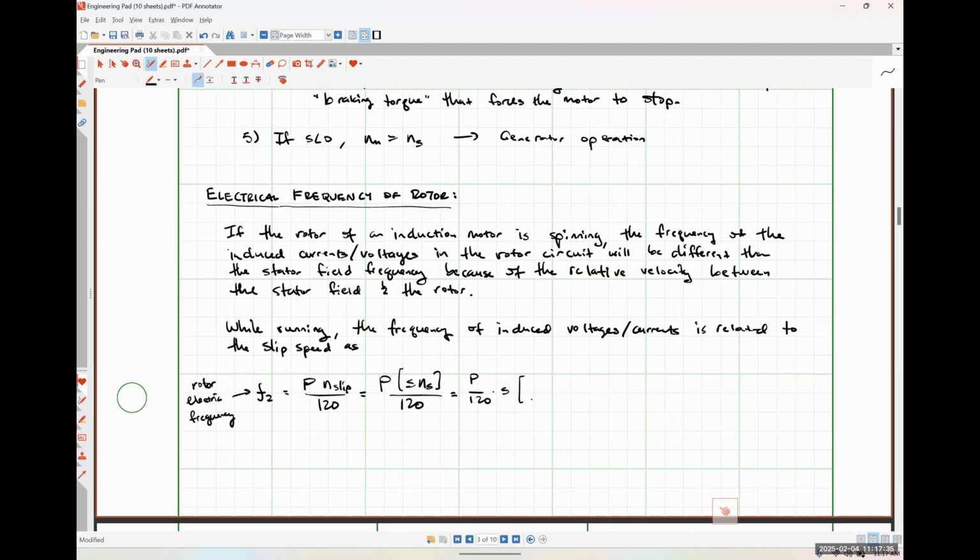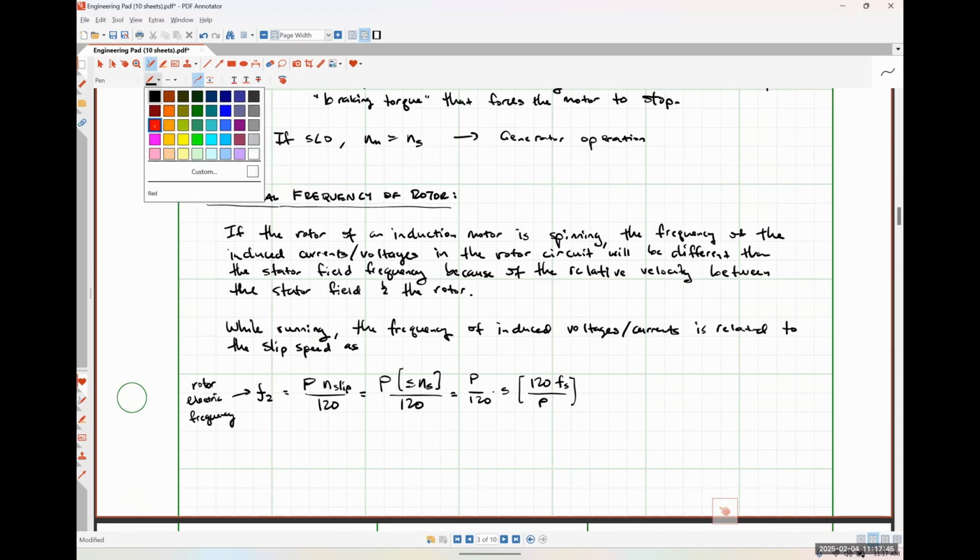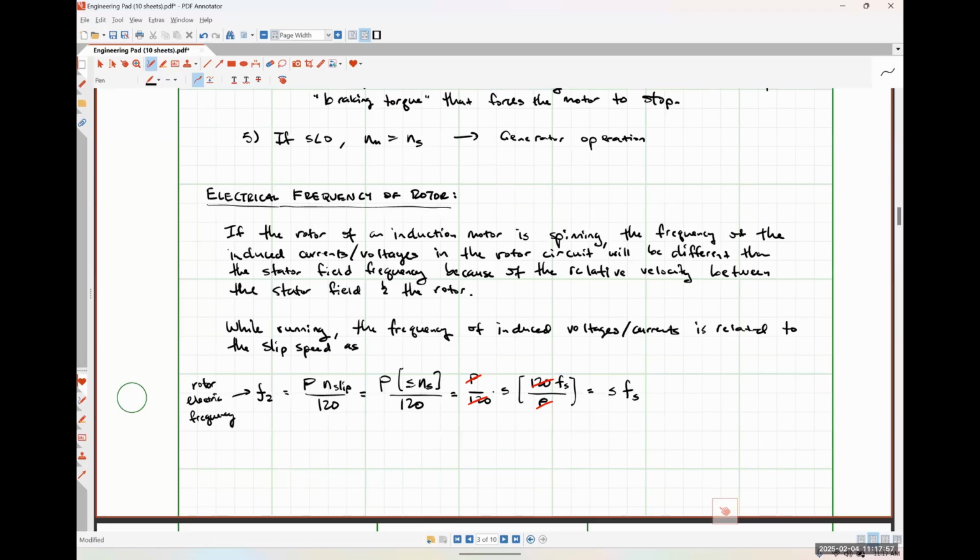Then I have my stator frequency, which was 120 F stator over P. Looking at this, the 120 cancels the 120, the P cancels the P, and the electric frequency of our rotor is literally just the slip times the frequency of our stator.